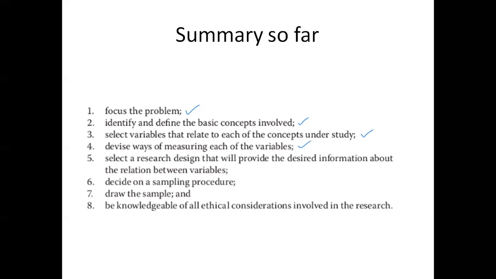We have chosen a research design that provides the desired information, or potentially will provide the desired information, between the two variables. Now, obviously, remember that if it is qualitative research, you may have a research design that attempts to uncover variables because the objective is quite different in qualitative research sometimes.